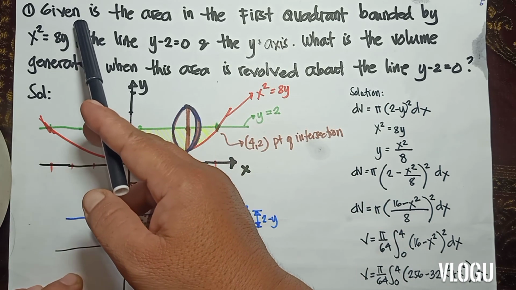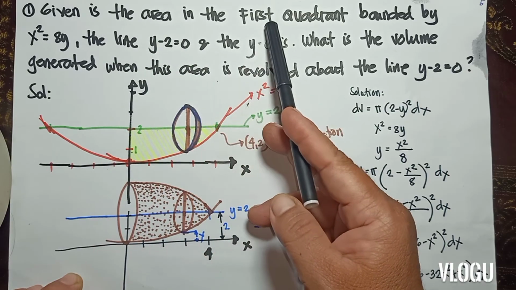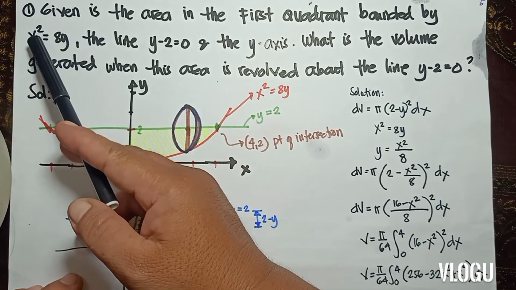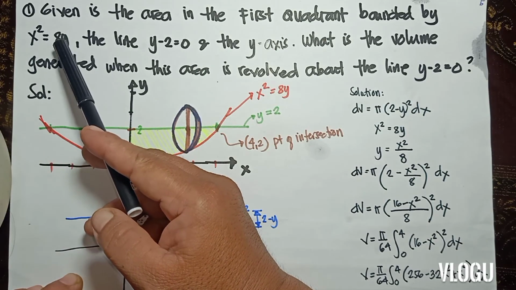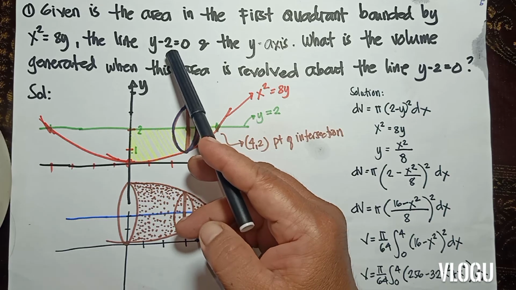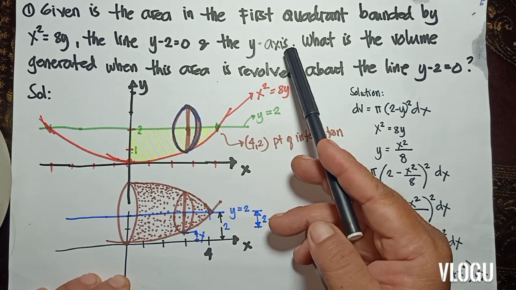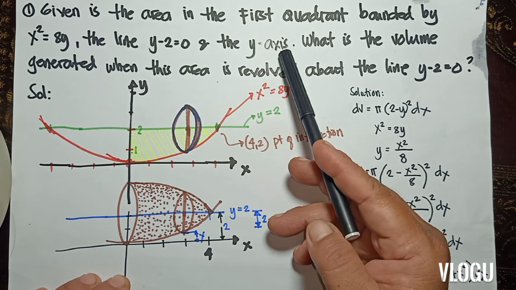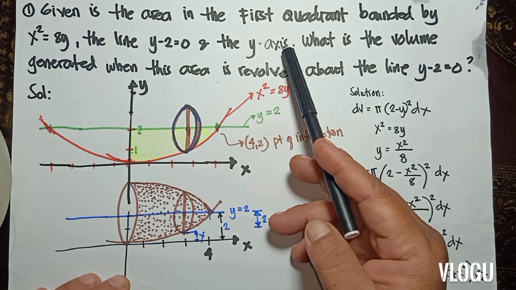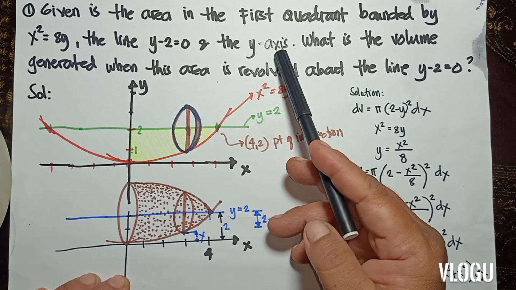Again, given is the area in the first quadrant bounded by x squared is equal to 8y, the line y minus 2 is equal to 0, and the y-axis. The area that we are concerned with is located in the first quadrant.